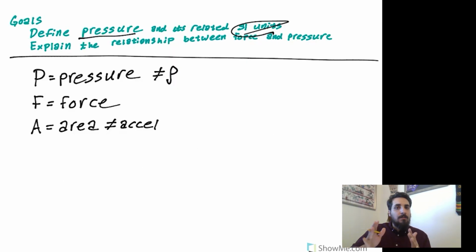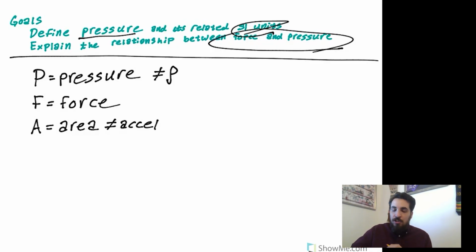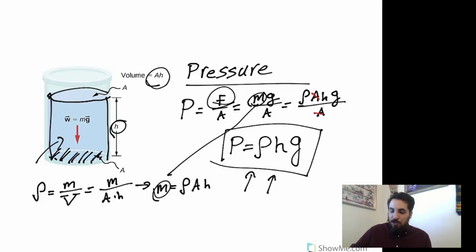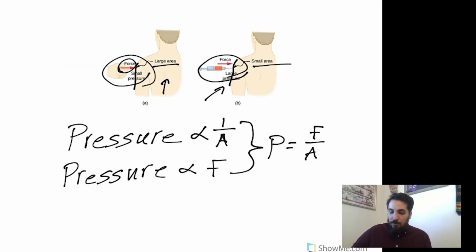And that's really what's going to be useful to us moving forward. What is the SI unit of pressure? That is a Newton per meter squared, which tells us the relationship for pressure between force and area is that pressure is inversely proportional to area, proportional to force, giving us the relationship that pressure is force over area.